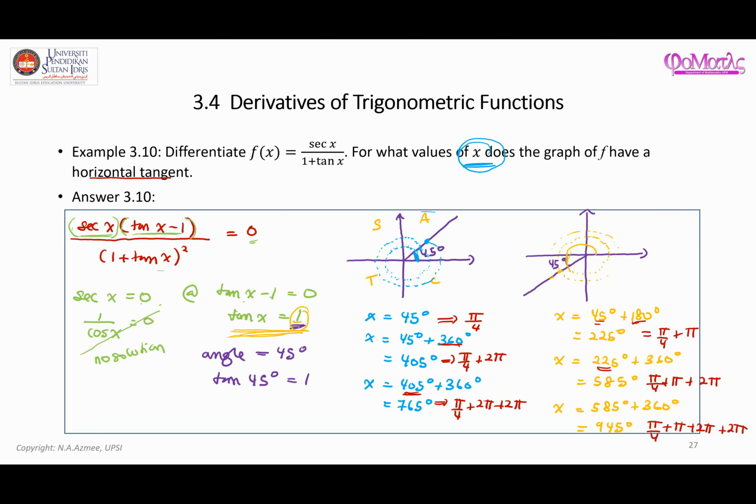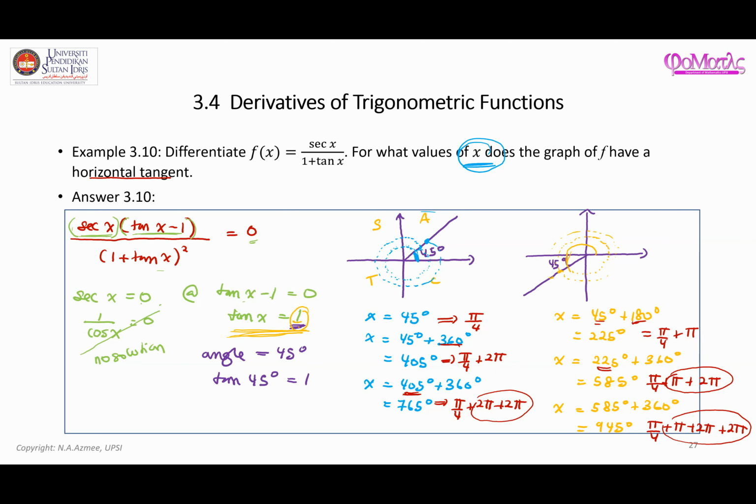If you simplify it further, this is pi over 4. This is pi over 4 plus pi. This is pi over 4 plus 2 pi. This is pi over 4 plus 3 pi. This is pi over 4 plus 4 pi. This is pi over 4 plus 5 pi.